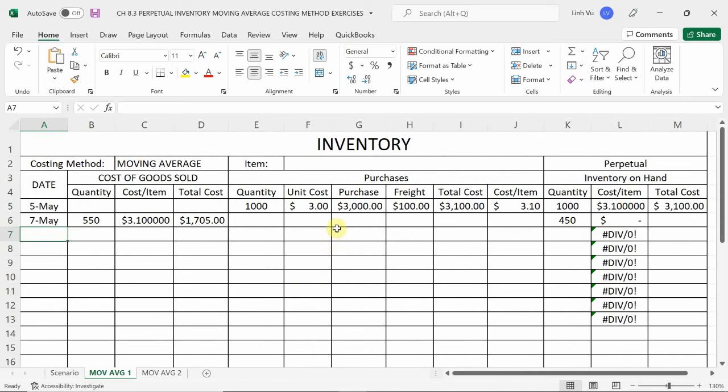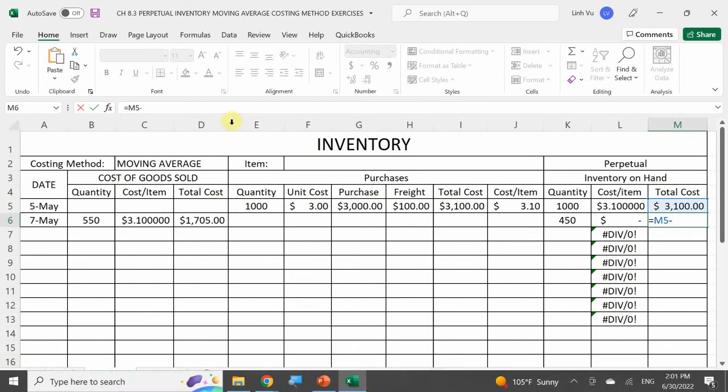I'm also going to plug in that I need to know what that $3,100 is minus that 1,705, and that's going to give me my new total cost of $1,395. I know that for a fact. Now that I know that after subtracting this number out, I only have 450 items available at $1,395.